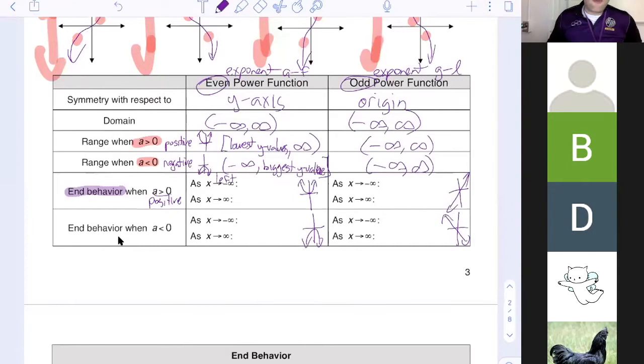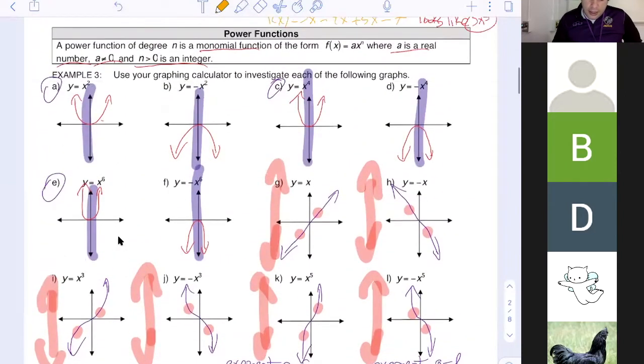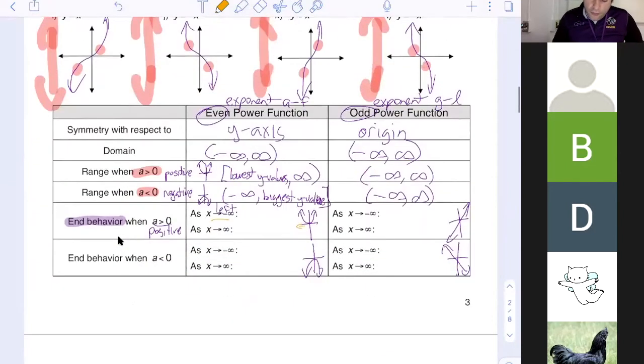And we're making a big generalization, but it's a pattern that works every single time. So looking at this as our helpful sketch, and this sketch applies to all even power functions. As your graph goes to the left, and again, we're looking at A, C, and E, your graph goes up, or in other words, y goes to infinity. So as x goes to negative infinity, y goes up to positive infinity.